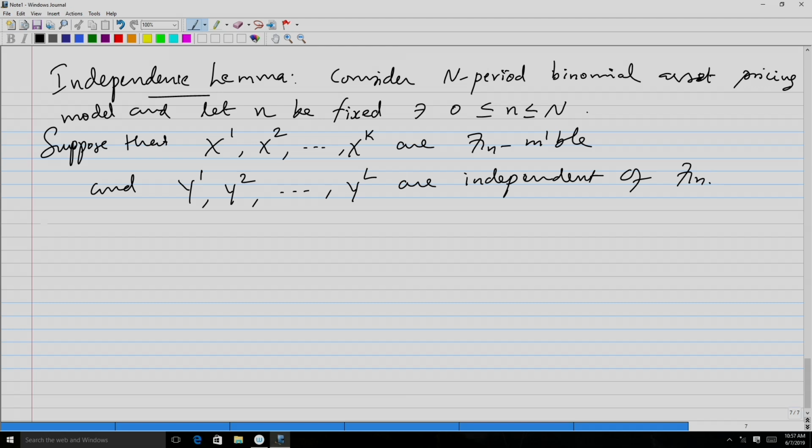Okay. Now, let f be a function of some k plus L random variables.